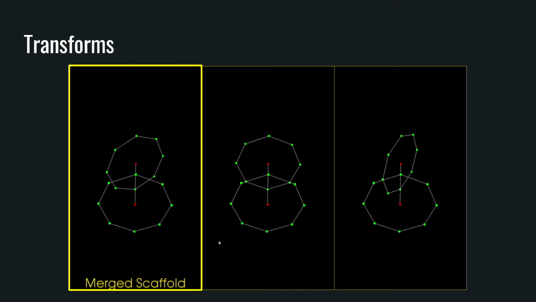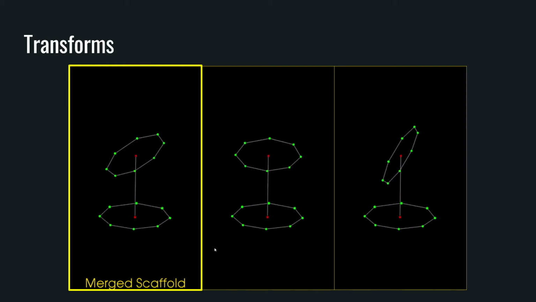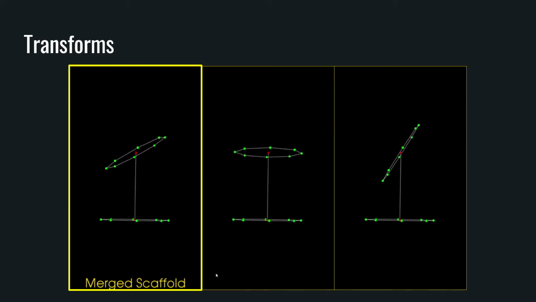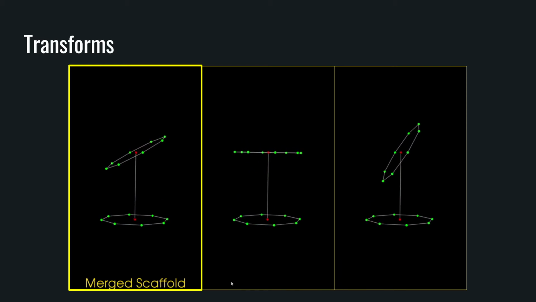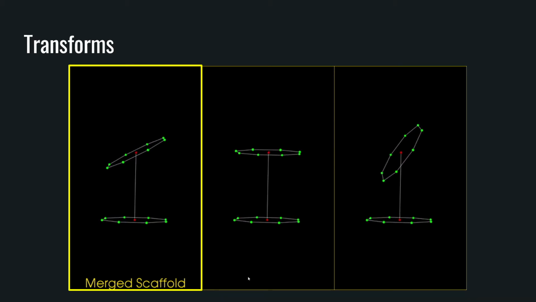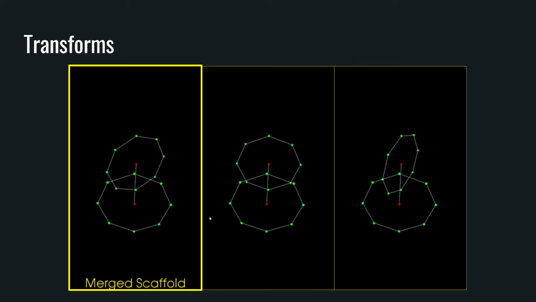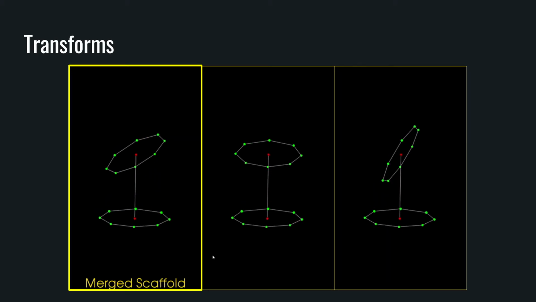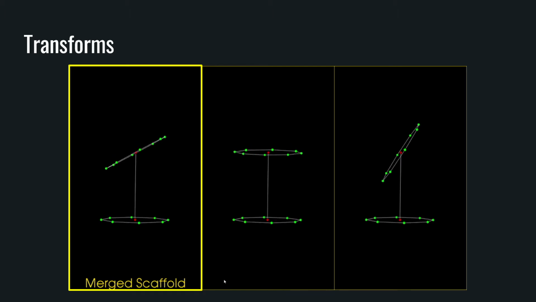And then finally we have transforms, so the planes of our shape can be skewed in different ways in the way they're oriented, and so our algorithm will interpolate the transformation matrices of these planes in order to align them best with each other.